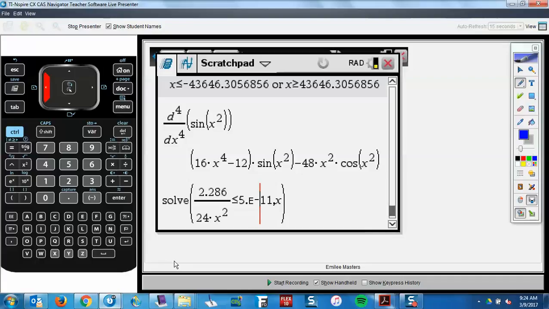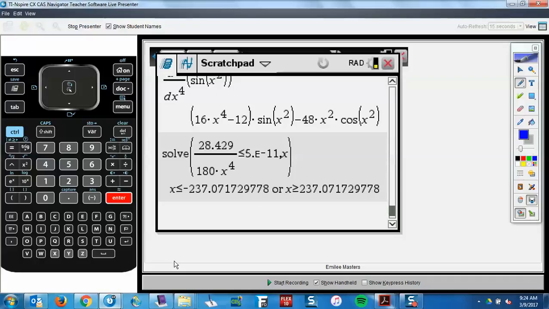What was our number on top? 28.429, and down here we have 180 x to the 4th. 238. I knew it'd be under 1,000. That's how much better Simpson's rule is. We needed 46,000 midpoint rectangles to get 10-digit accuracy. It only takes 238 subdivisions of Simpson to guarantee 10-digit accuracy.